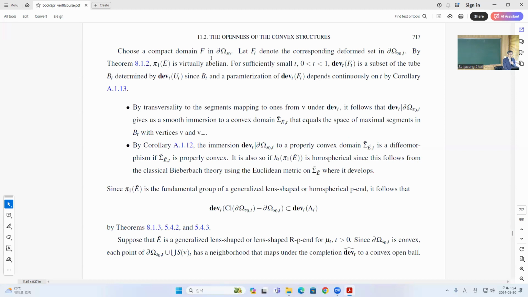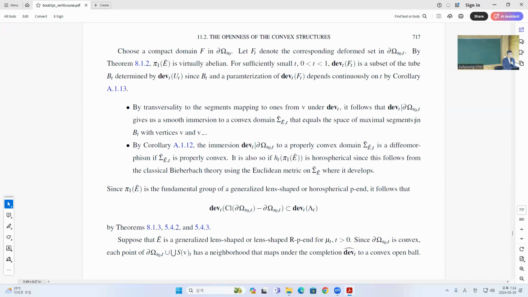So you can take some compact domain here, and then you can vary this domain in this set. So this covers some fundamental domain, and you can choose this to be continuous with respect to t. Then the depth T partial gives you a smooth immersion of this convex domain to the set of maximal segments in BT, with these vertices.